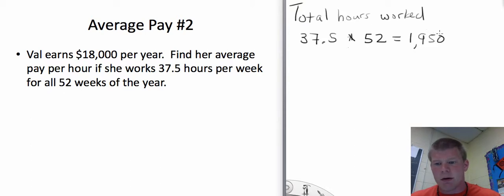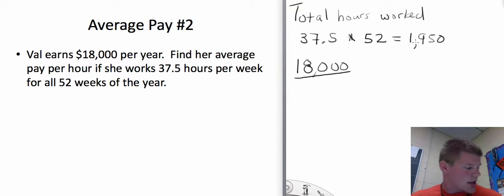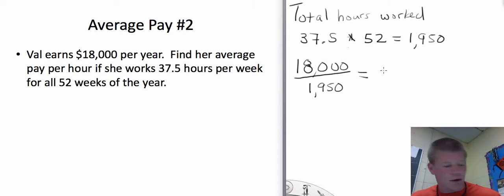Now we are able to figure out the average because we can take 18,000 and divide that by the total hours she worked, which is 1,950, which means on average per hour she got $9.23.